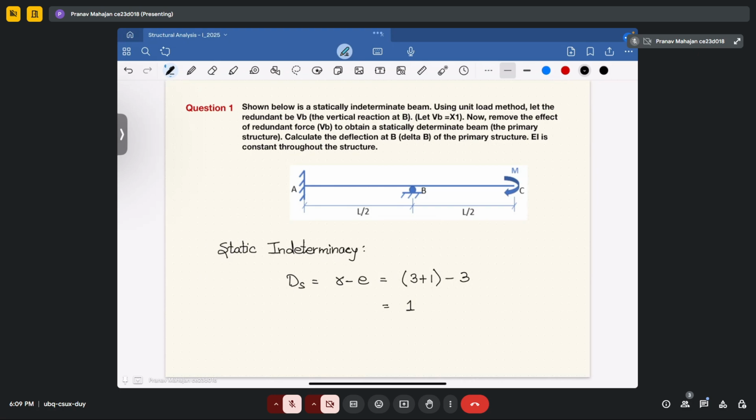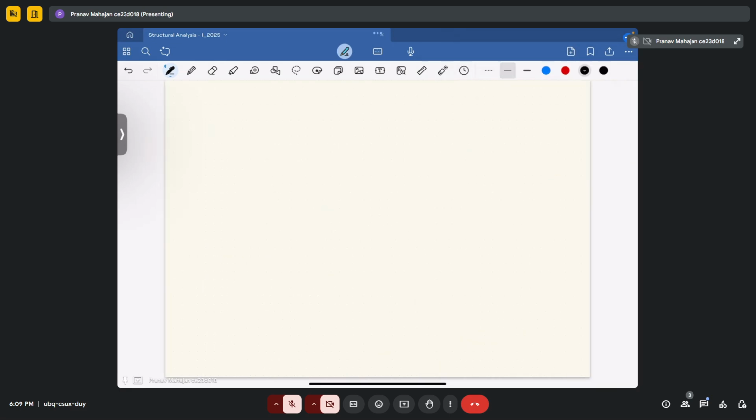So how we will do that? We will remove the support reaction at B to make the structure determinate.